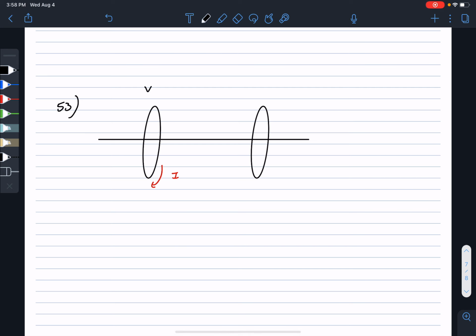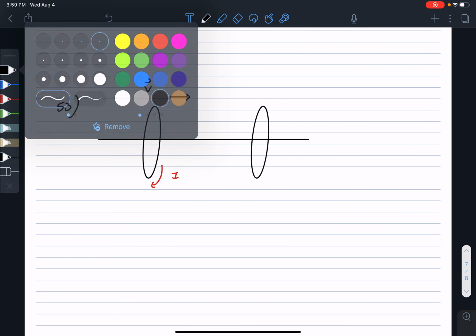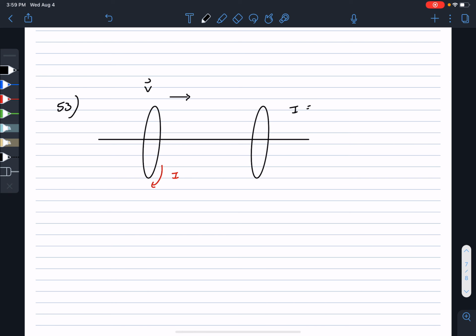We're told that the loop is actually traveling towards the right. If I can draw an arrow. And we are asked to find which direction is the current traveling from the induction. Is it going clockwise or counterclockwise? And so we define that we're going to be looking from like straight down the barrel on this side, right? So this one is moving clockwise.